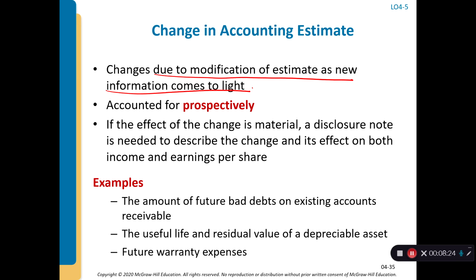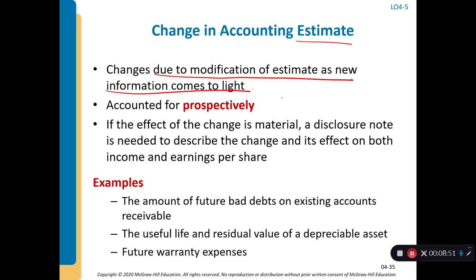A few of the more common accounting estimates are the amount of future bad debt expenses, the useful life and residual value of depreciable assets, and future warranty expenses. Those are all estimation-based accounting treatments, right?